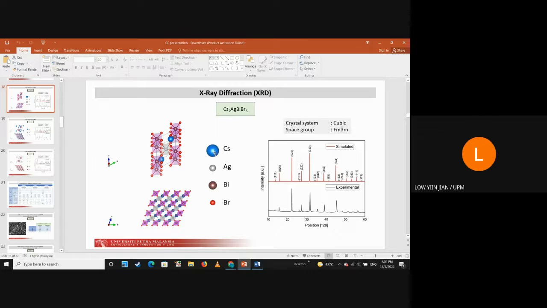In this study, I wish to apply my materials for photovoltaic application, and we know that photovoltaic is basically the sunlight. We convert the sunlight to electrical energy, so we must shine on our sample.